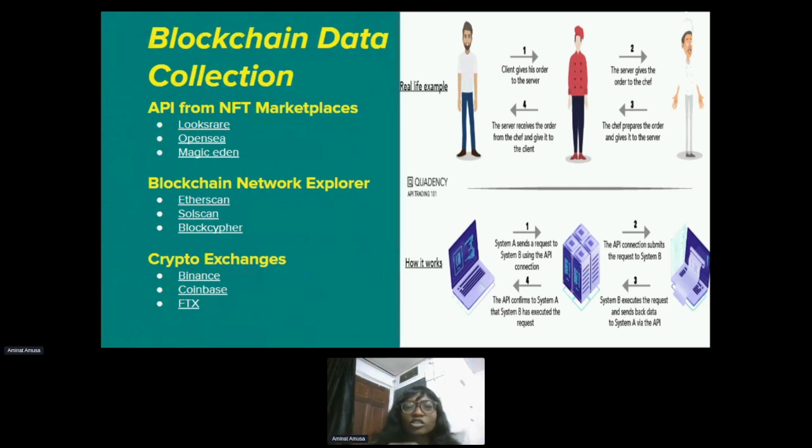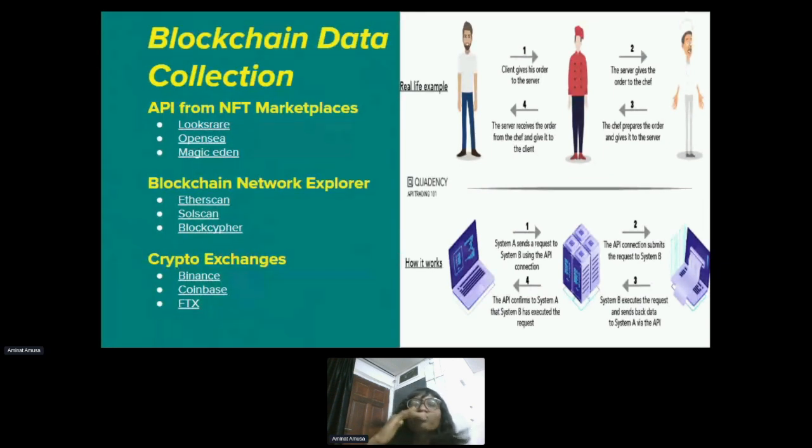So if you are curious about what the volume of sales is for Ethereum NFTs versus Solana NFTs, I think these APIs can give you an idea of what you're looking for. Then also, you can get your data from blockchain network explorers. Etherscan is for Ethereum, when you want insight into what's happening on the Ethereum network.